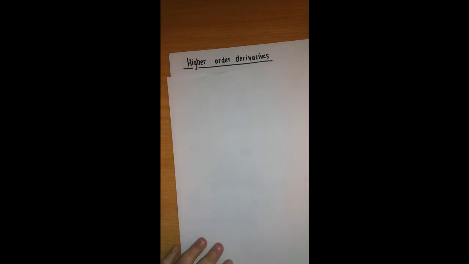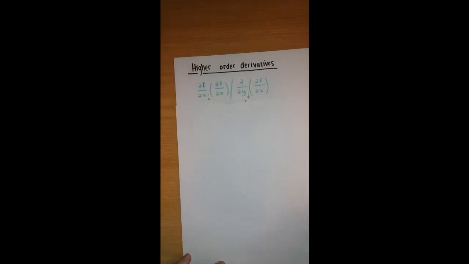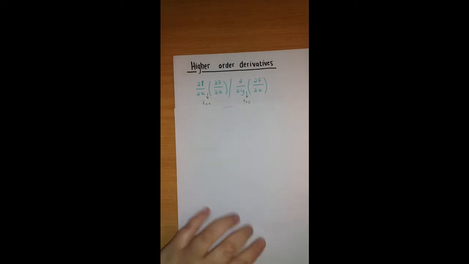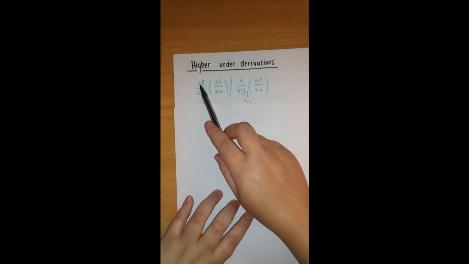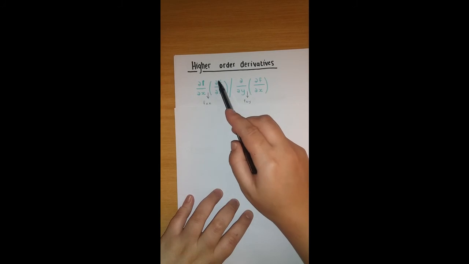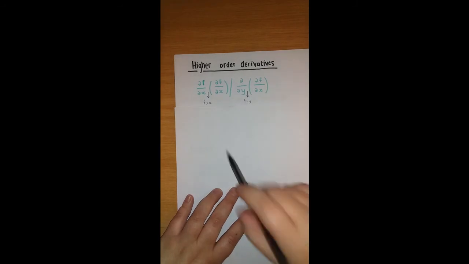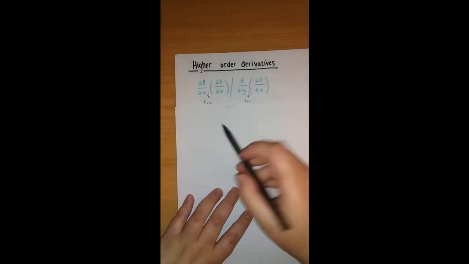So now we can talk about higher order derivatives. So let's say you want to get the partial differentiation of x, but you are deriving the first order partial derivative of f towards x. So let's say you want to have d dx, but of df dx. So that would be your second order derivative. Now this can become a lot more complicated.